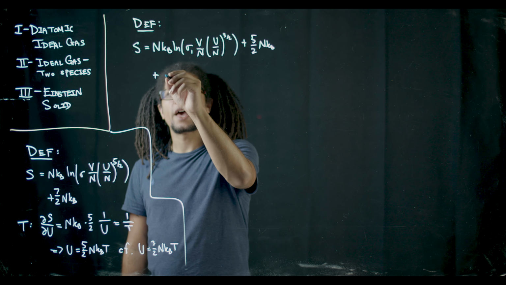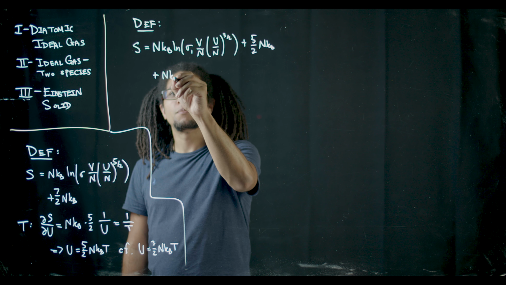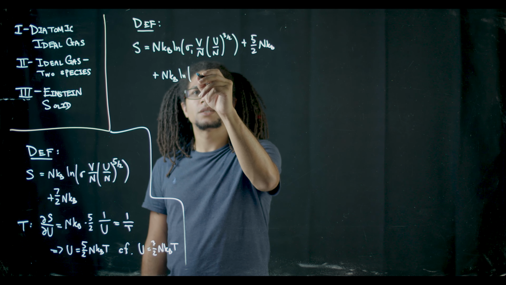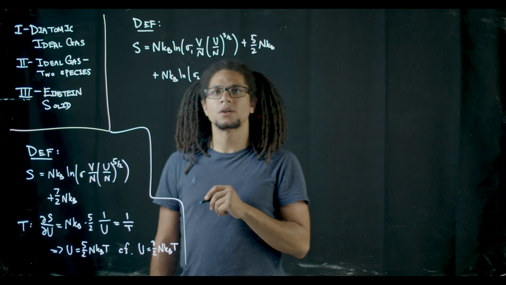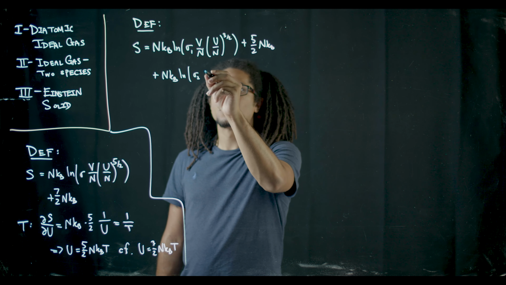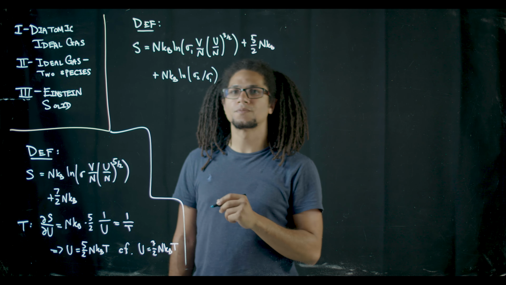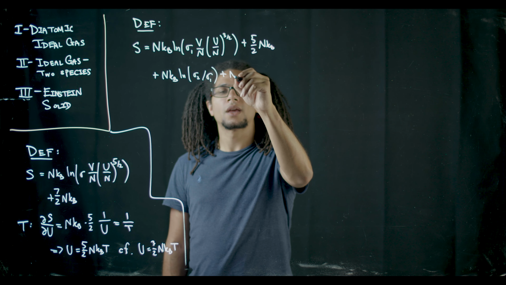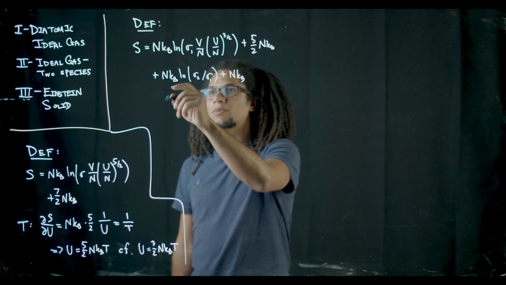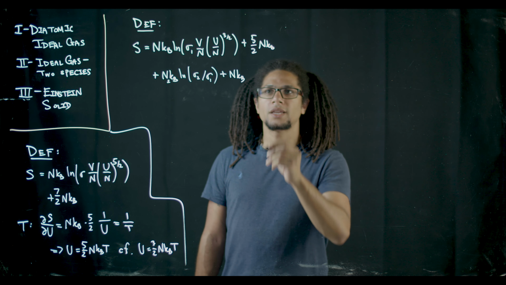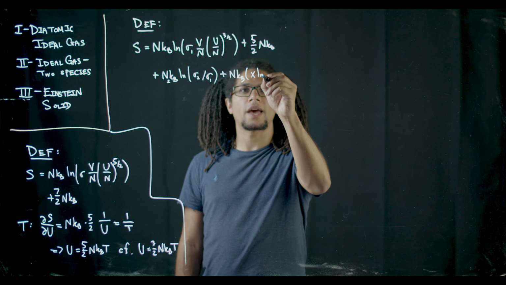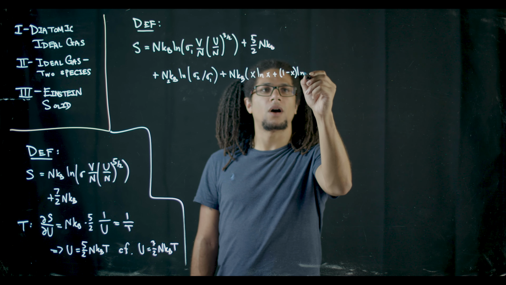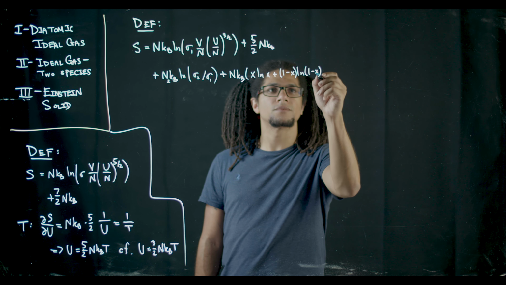Okay, so we'll get NKB times the log of sigma 2 over sigma 1. Then plus NKB, oh, and I should have mentioned this is N2, NKB times x log x plus 1 minus x log 1 minus x.